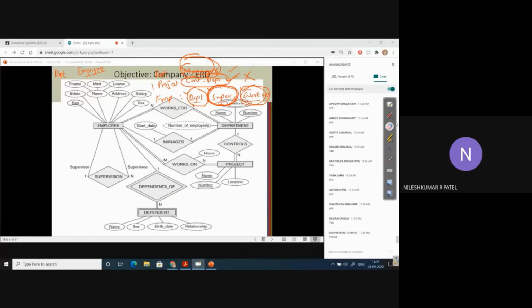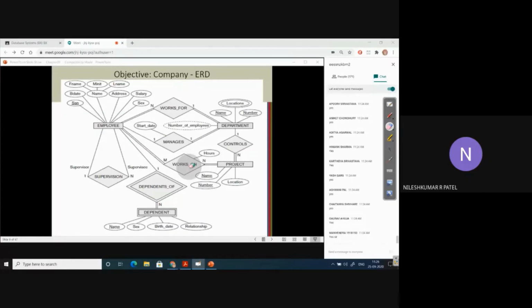Are you able to find something that I have not explained in this particular diagram? Just try and identify at least one thing that I have not explained. I have explained each and every type of attribute: simple attribute type, key attribute type, composite attribute type, multi-valued attribute type, derived attribute type.